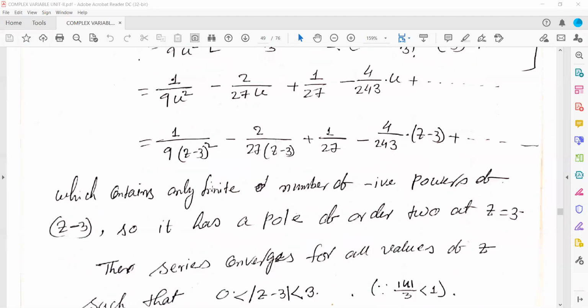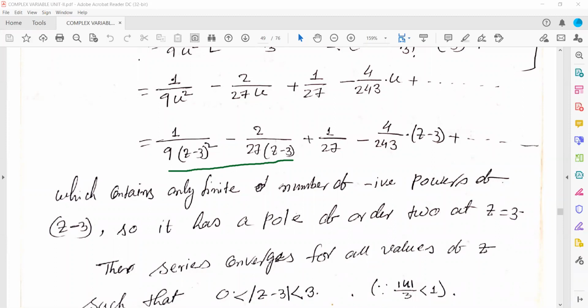Now see here how many powers of z minus 3 are negative. Is there any negative power of z minus 3? If so, whether the number of negative powers of z minus 3 is infinite or finite. We have only 2 terms in which the power of z minus 3 is negative.